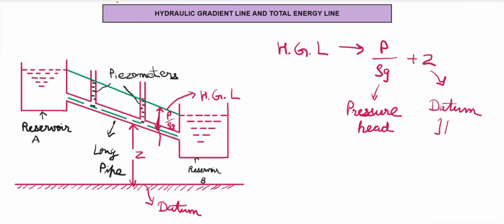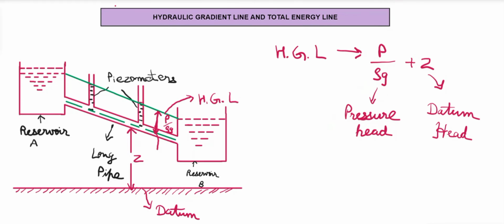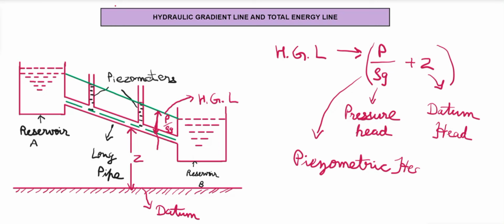And together these two are also given a term, and this term is known as the piezometric head. You will have to remember all of these things, as most of the times it is asked in the MCQs in the competitive exams. So combined P by rho g plus Z is known as the piezometric head.